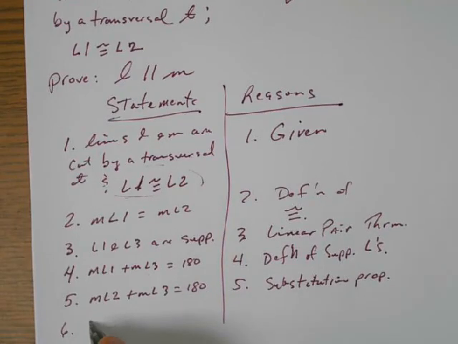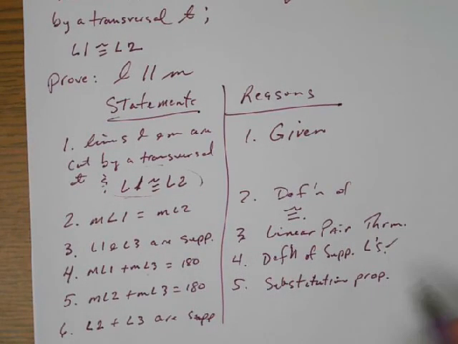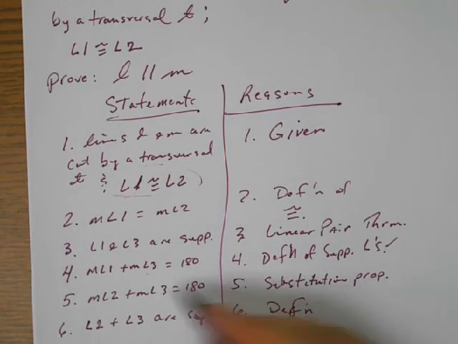Okay, and then if that's the case, then we know if they add up to be 180, then angle 1 and angle 3 were supplementary there. And now we can say that angle 2 and angle 3 are supplementary. And guess why? Same reason, definition of supplementary angles. Because we've just shown that they add up to be 180.